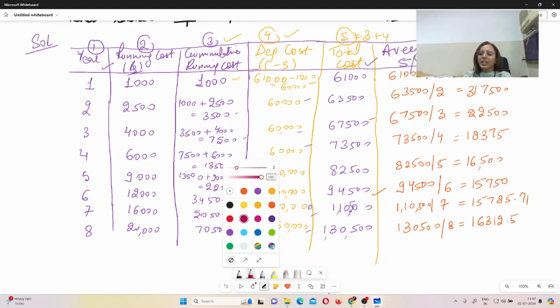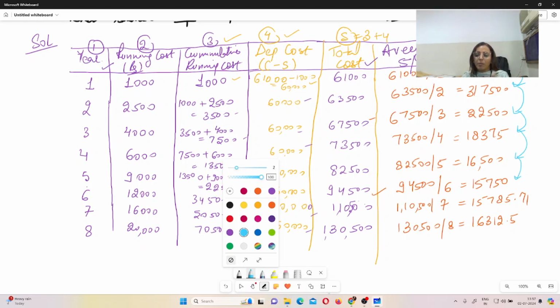If you analyze it, the average annual cost for the first year is definitely 61,000. But proceeding further from 61,000, it is 31,750, then 22,500, then 18,000, so it keeps decreasing. As we keep using the asset, the average annual cost comes down. This is good.